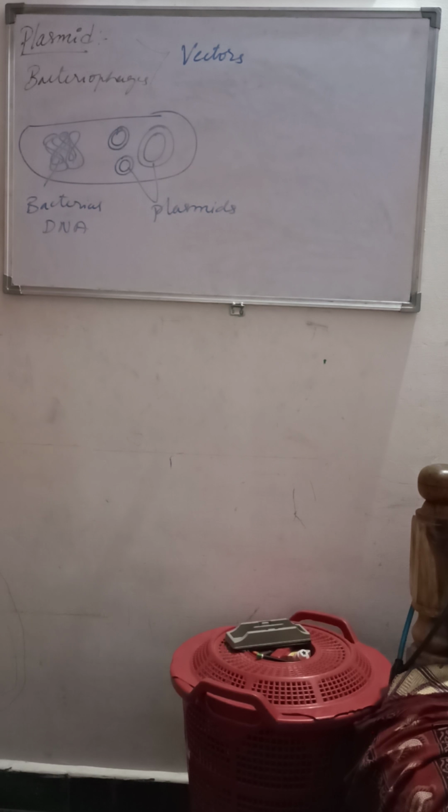You can see the diagram here. This is a circular DNA, the plasmid, and this is the bacterial DNA. Plasmids are circular, self-replicating, extra-chromosomal DNA present in the cytoplasm of the bacterial cell. This is how plasmids look. Hope you understood what a plasmid is.